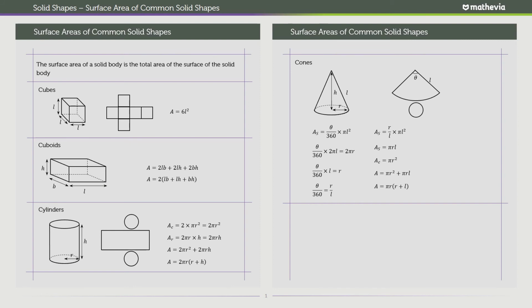So we've talked about cubes, cuboids, cylinders, and cones. Pyramids follow the same principle; you apply some of what we did for cuboids and some of the cone. If you're looking to find the surface area of a pyramid, you just need to find the area of the triangle at the base, if it's a triangular pyramid, and then the area of each upstanding triangle.